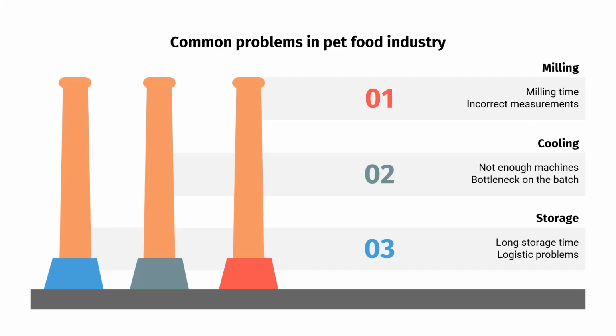And the second problem is the cooling. We need some big machines to do the cooling, and if we don't have enough machines to do the process, we will have a bottleneck on the batch.